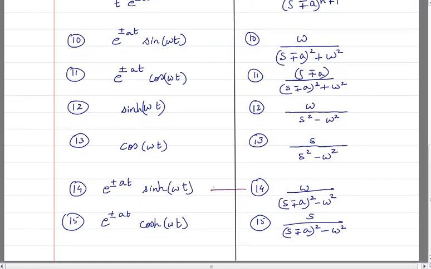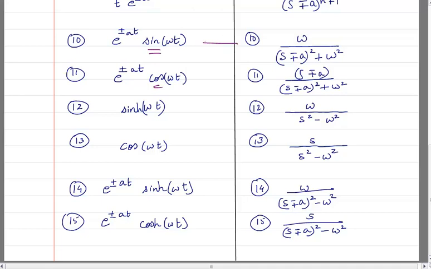Similarly, this one also, because here it is always going to be positive in both these cases. But if it is negative, then we can use it in this form, that is basically sinh and cosh, hyperbolic sine and hyperbolic cos, and not in simple sine and cos.